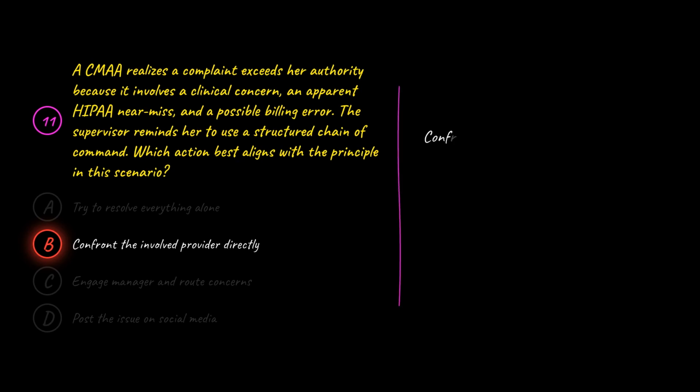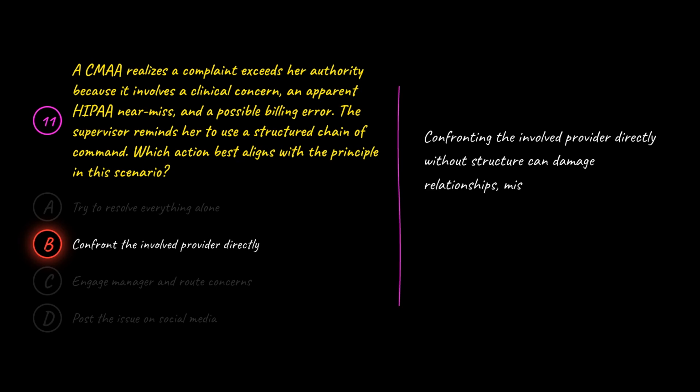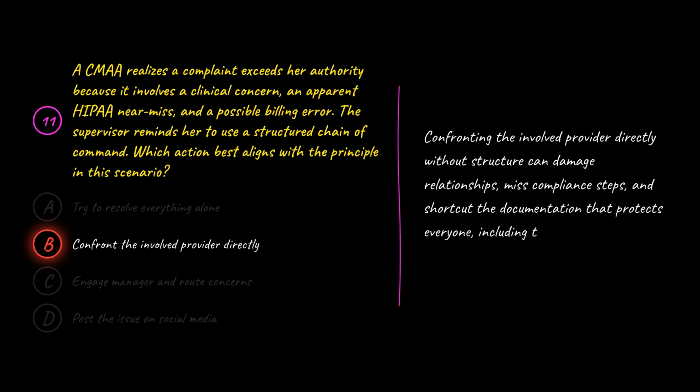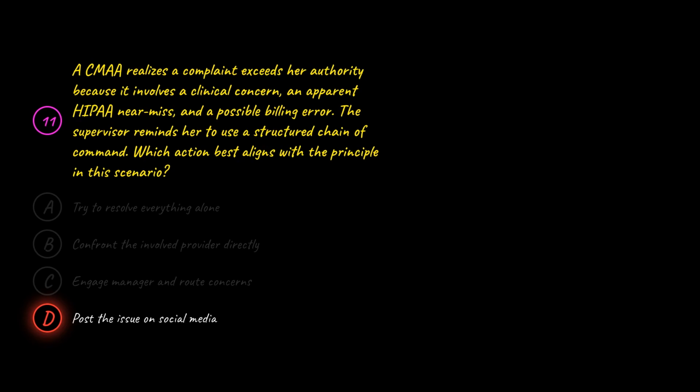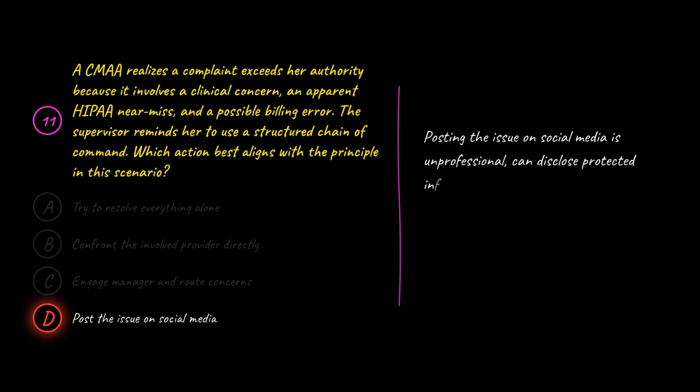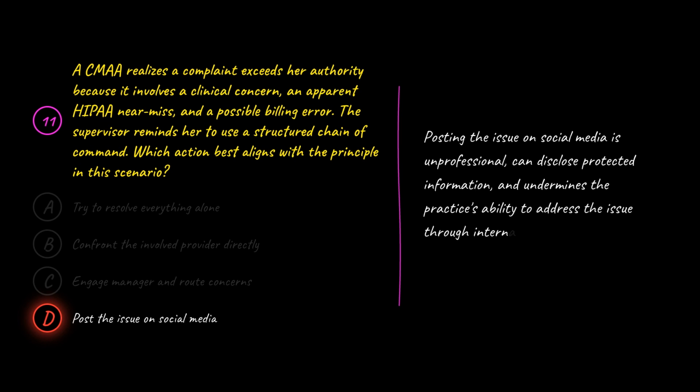B is wrong because confronting the involved provider directly without structure can damage relationships, miss compliance steps, and shortcut the documentation that protects everyone, including the patient who raised the original concern. D is wrong because posting the issue on social media is unprofessional, can disclose protected information, and undermines the practice's ability to address the issue through internal channels designed to handle such matters.